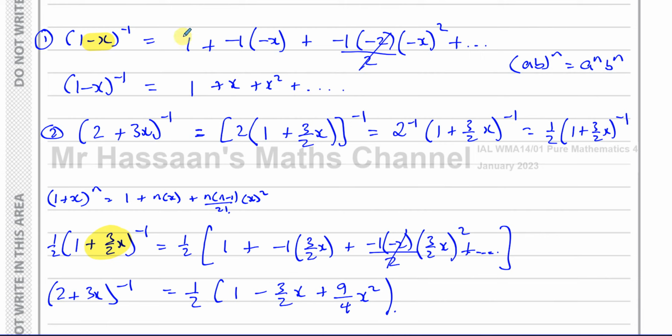But if the value of minus x is less than 1, for example if you square 0.1, you're going to get 0.01. If you cube it, 0.001. If you raise it to the power of 10, 9 zeros and then 1. So basically, you're going to end up with something so small that it only affects like the 10th decimal place.